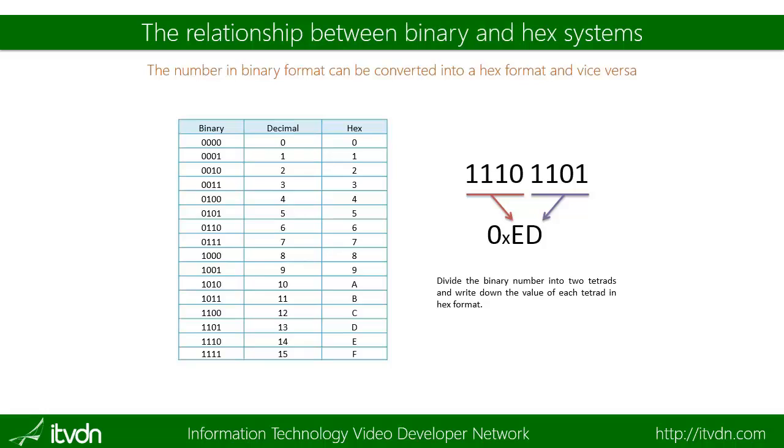Now we can see that on this slide you have the relationship between binary and hex systems. And here we have a bunch of numbers. 1110, 1101. So we need to convert this number into the hexadecimal format. What do we do? First, you divide it into two again. You have two tetrads now, junior and senior.